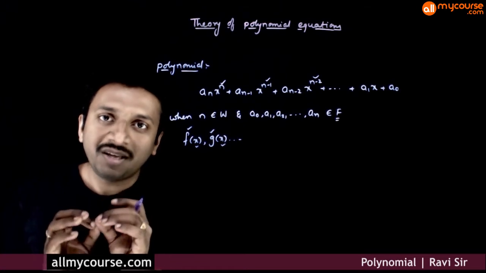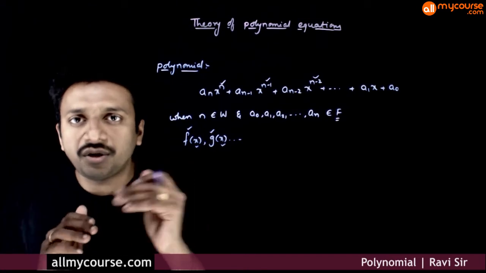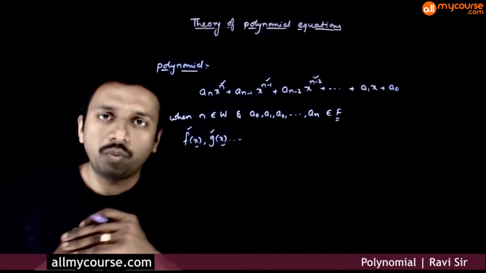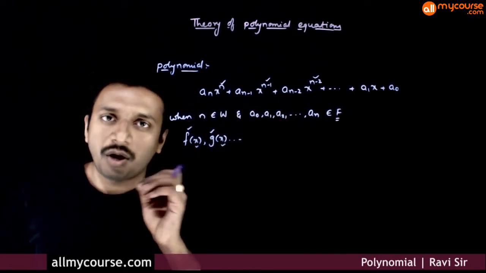If the polynomial is defined in the variable y, we write it as f(y) or g(y) or a(y), whatever you want to write. So this is the definition of a polynomial.